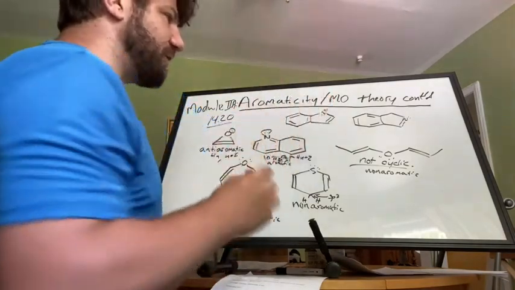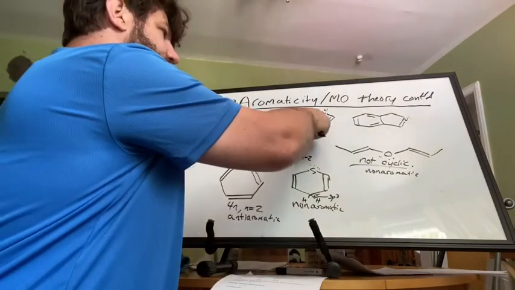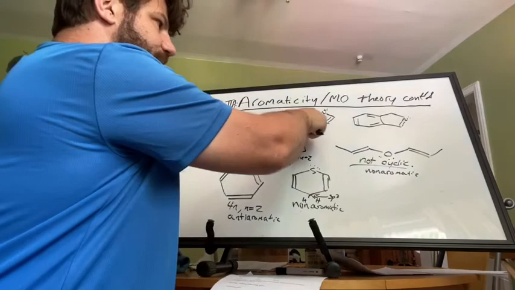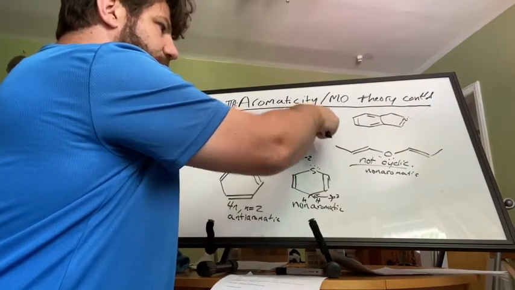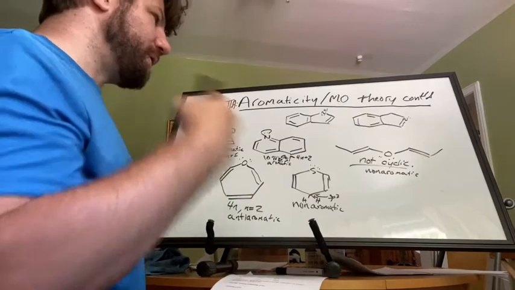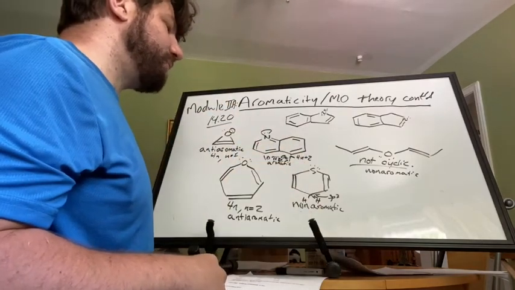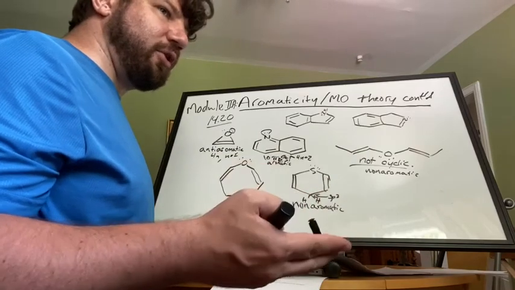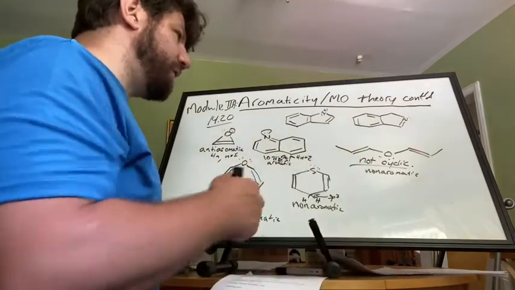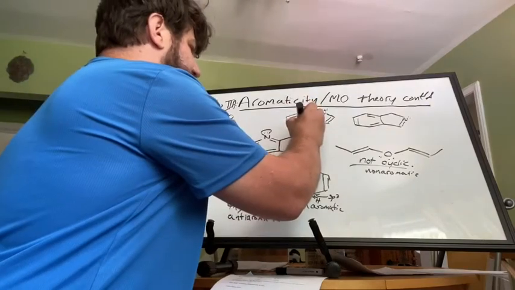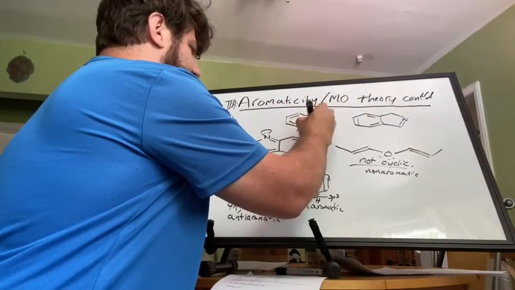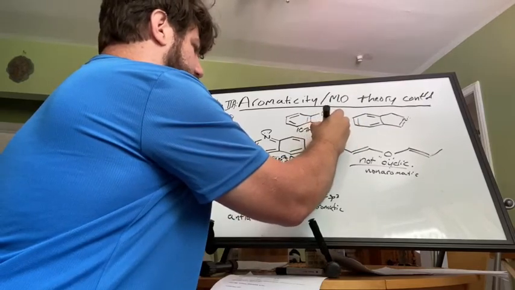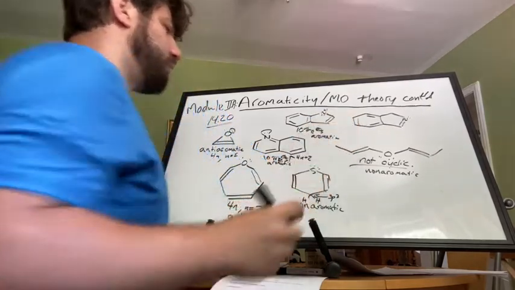But since this is going to be sp3 hybridized, it's going to have that lone pair feed into the pi system. So again, 2 electrons from a lone pair can go into the pi system. So this is going to be 10 pi electrons, aromatic.